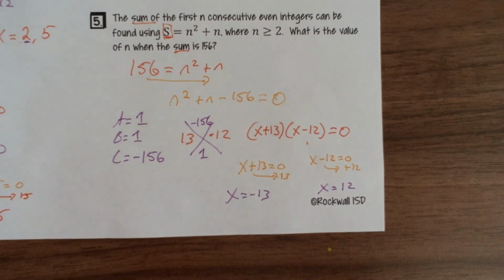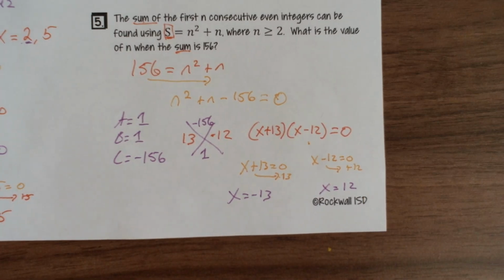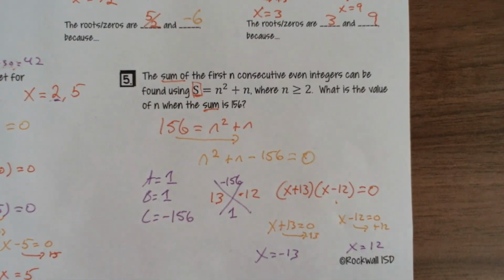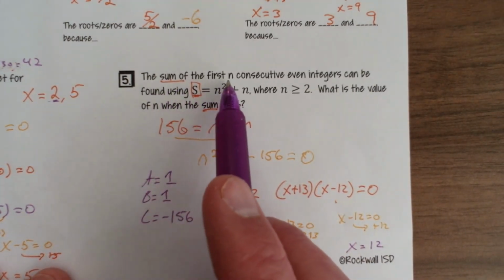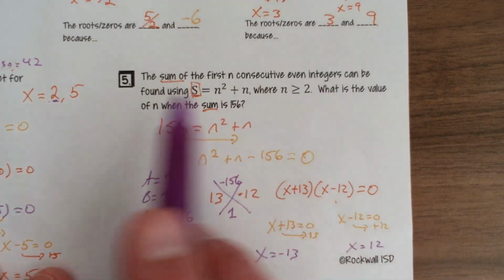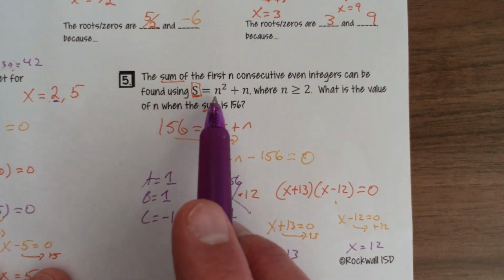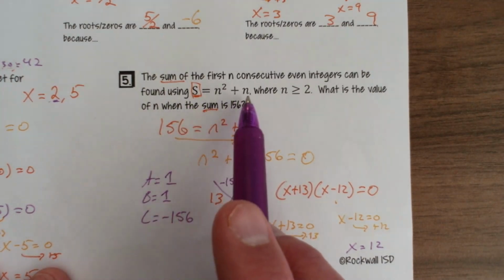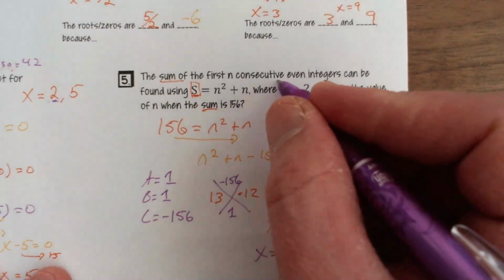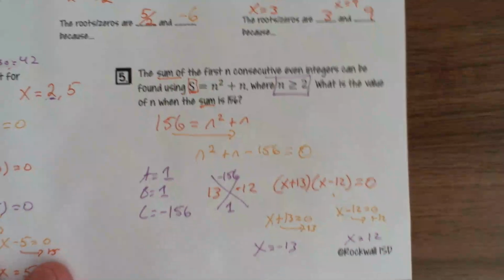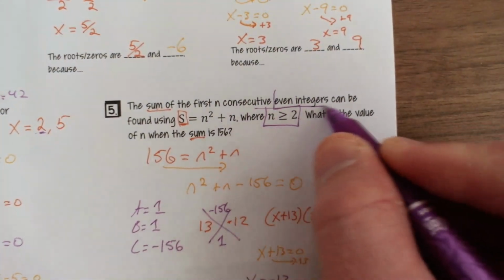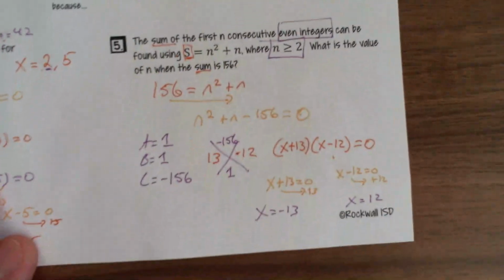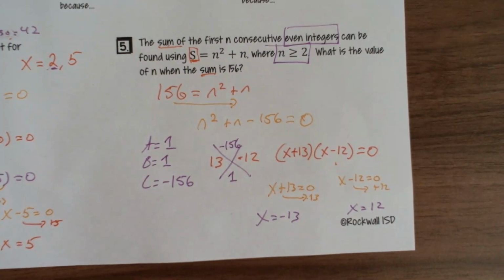This is the one time where I have to go back to the problem because the problem says something incredibly important here. The problem says the sum of the first n consecutive even integers can be found using s equals n squared plus n, where n is greater than or equal to 2. So here's the two things I'm going to point out: even integers and greater than or equal to 2.